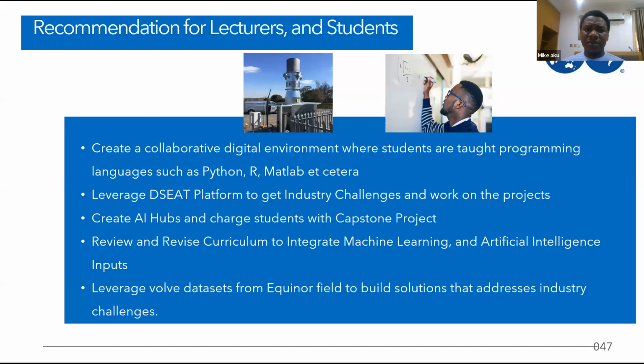There's also going to be another thing, which is to create more AI hubs or charge students with capstone projects. Think about a semester where, by the time students are leaving for the semester, they take home certain machine learning projects, to study and come back and see what they can pull out of this. Just a little capstone project. It could even be analyzing data sets, or using some of these regression and algorithms to do a kind of prediction.